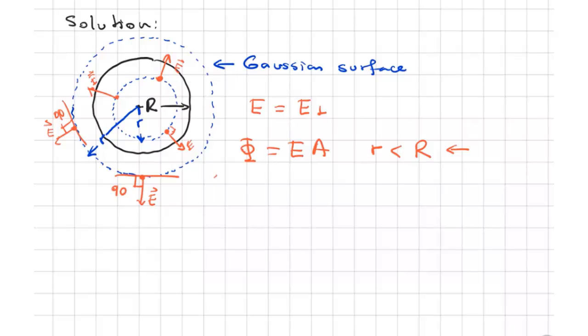We have to remember that the volume charge density is the charge divided by the volume of the sphere. Okay, so we are going to use this definition. The density is equal to the charge divided by the volume. Okay, that's the charge density.